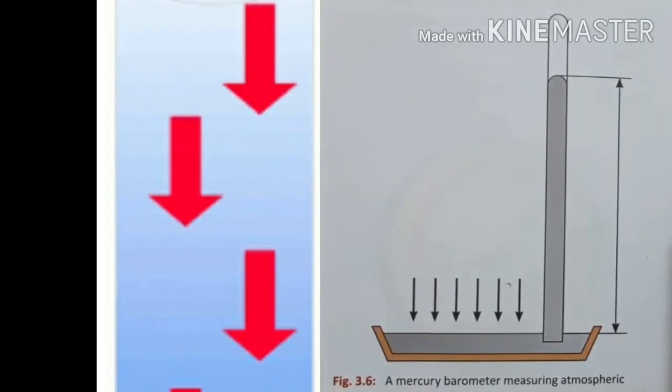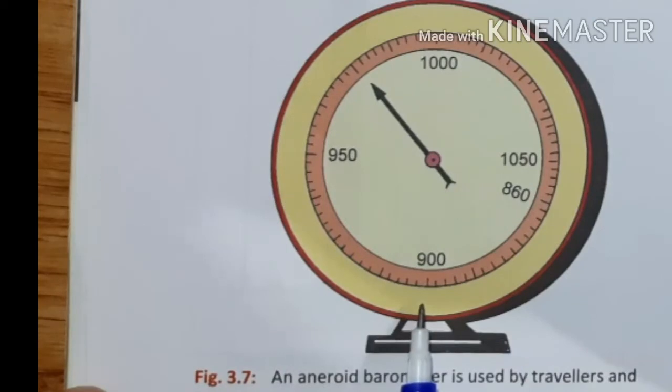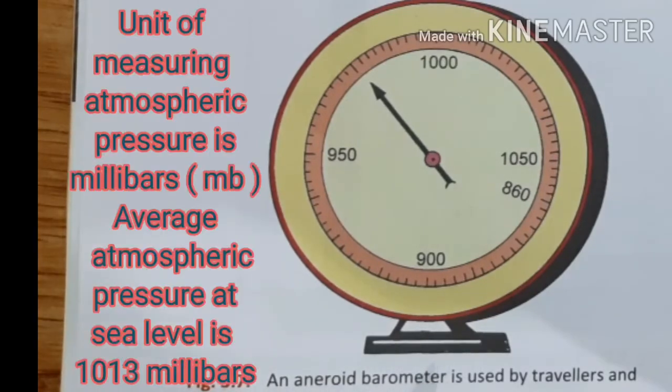Actually, this mercury barometer is very difficult to carry around. This is the aneroid barometer, which is used to measure the atmospheric pressure. It is used by travelers and explorers, and nowadays it is the most commonly used barometer because there is no liquid used.